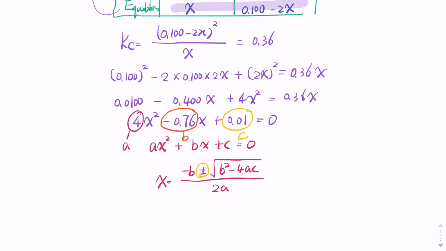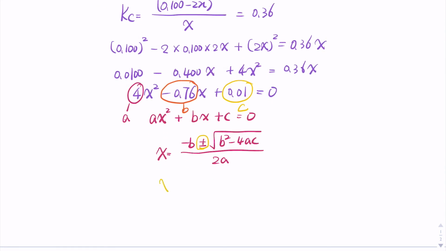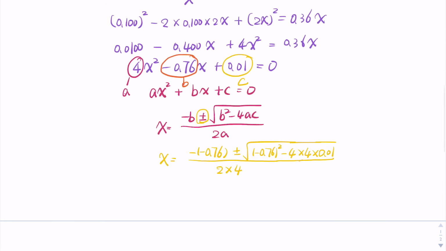So let's plug in the numbers. x equals, on top, negative negative 0.76 plus or minus the square root of negative 0.76 squared minus 4 times 4 times 0.01, all over 2 times 4.